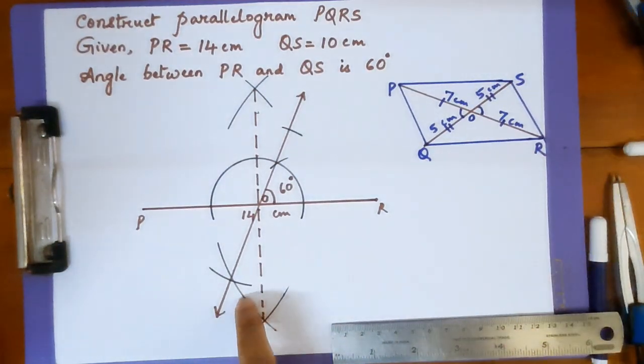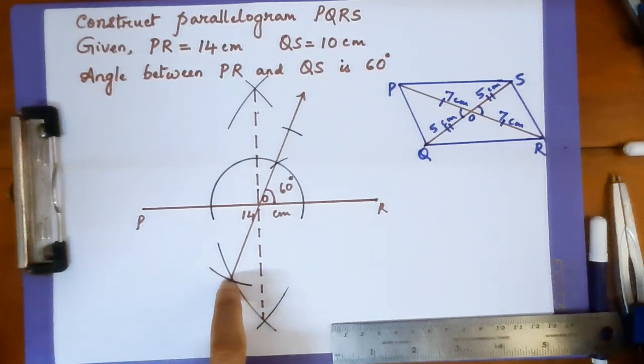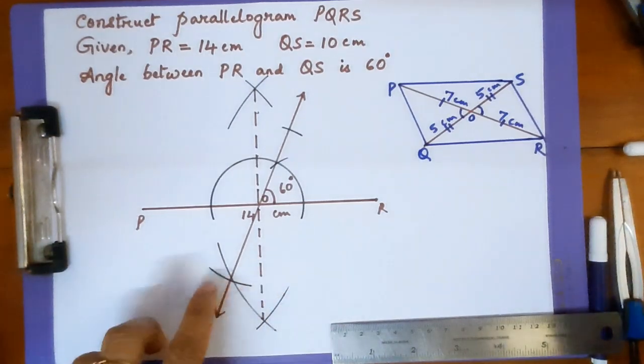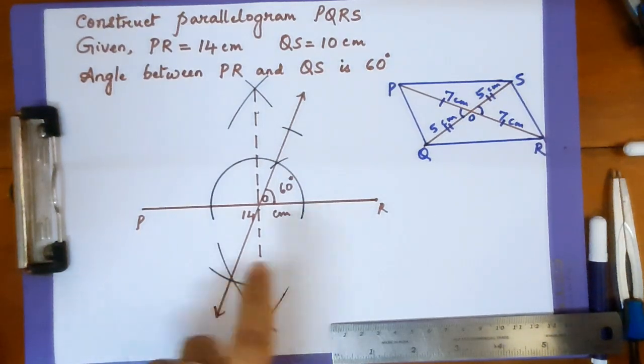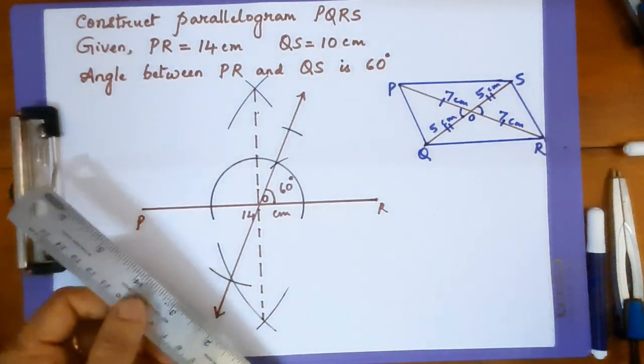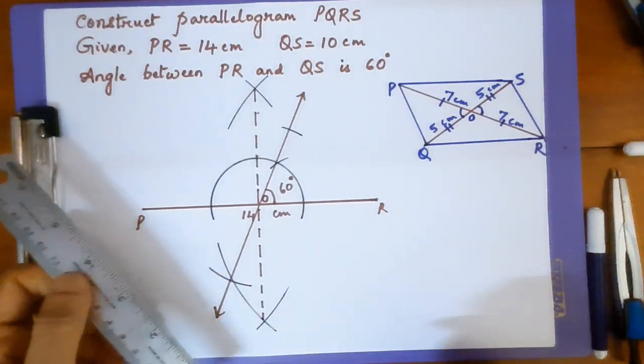See, the previous perpendicular bisector's arc is overlapping with the cut which is made now, but I should know where exactly I have cut now, and I should use that as the vertex of the parallelogram.